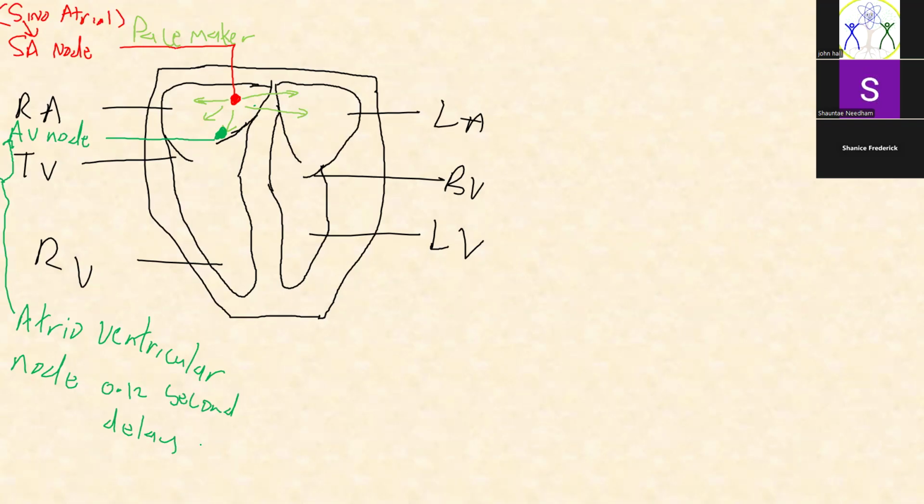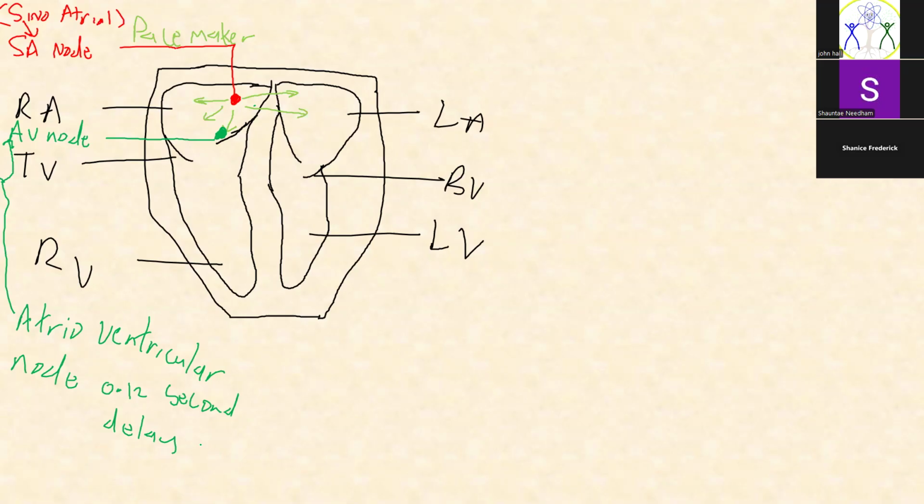So, remember now, the sinoatrial node, found in the upper part of the right atrium, generates an impulse around 75 times per minute. The impulse spreads from the SA node, goes into and depolarizes the muscle of the right atrium and left atrium at the same time. Once the muscles depolarize, of course, you get your contraction, right?